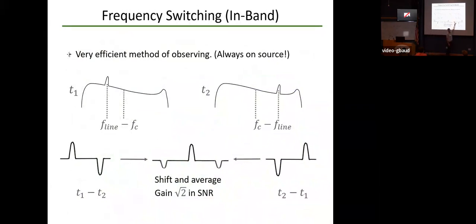This is a second time, just a little bit later, when we have used the LO to switch where that line is. And then, yes, we are doing the subtraction between these two scans in two different ways, T1 minus T2, T2 minus T1, shifting so that this line overlaps between the two observations, and then averaging them together.